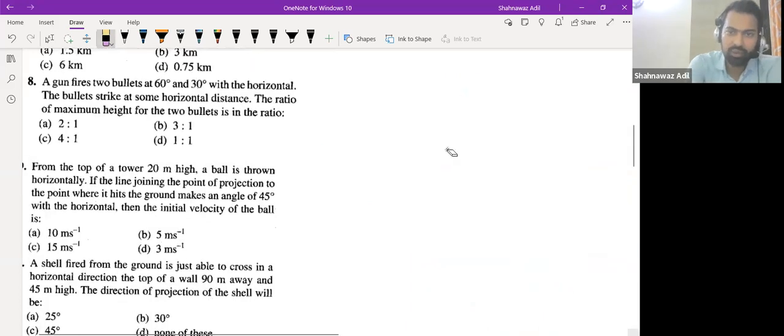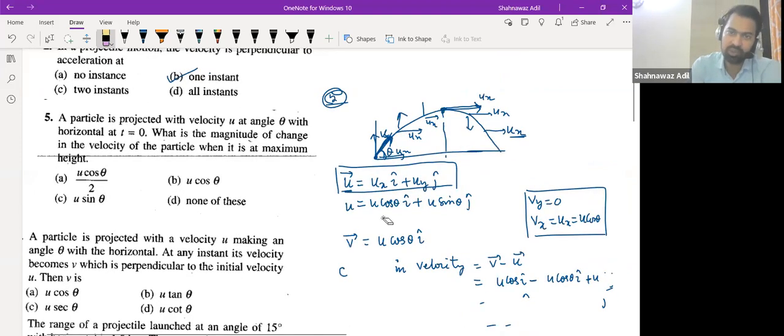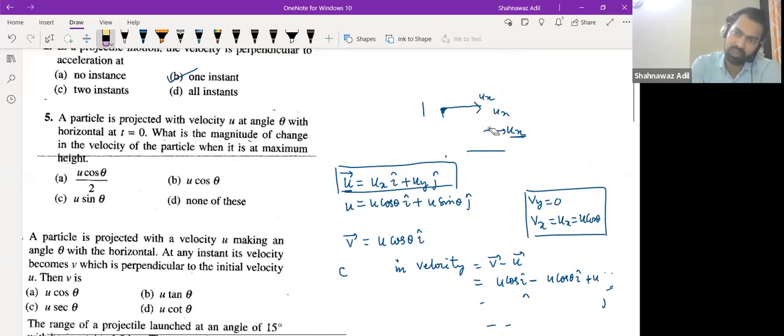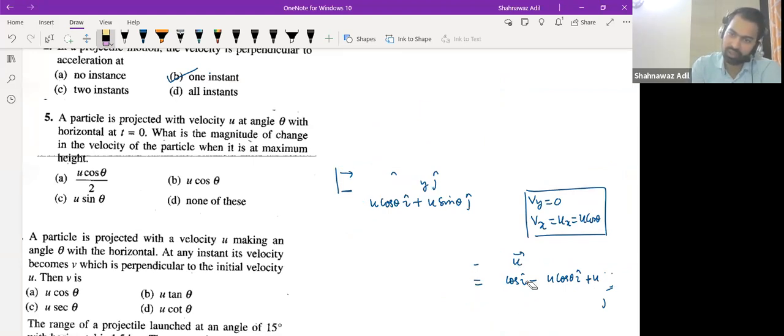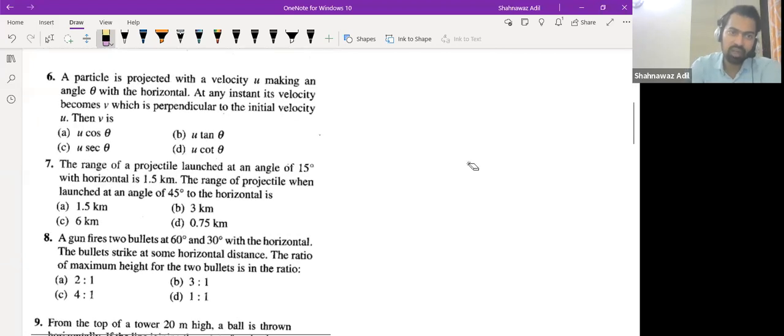So we will quickly finish this topic today, and in the next class we will do the relative motion in 2D. So in today's class, I want to finish this topic. Okay, so the sixth question: a particle is projected with a velocity of u, making an angle theta with the horizontal.